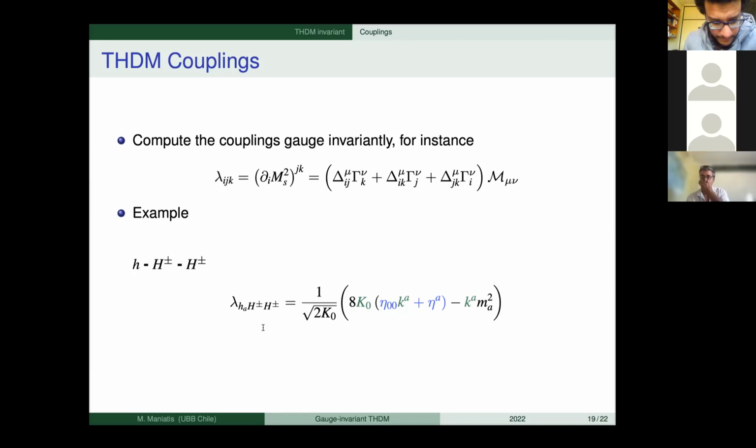Markos? Yeah. Sorry, a very short question. The idea is to investigate first the potential and then do the transformation for the general action. But what's happening with the propagator?